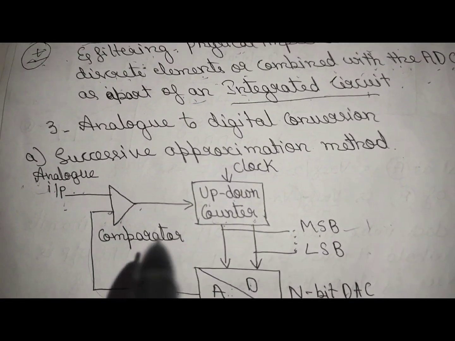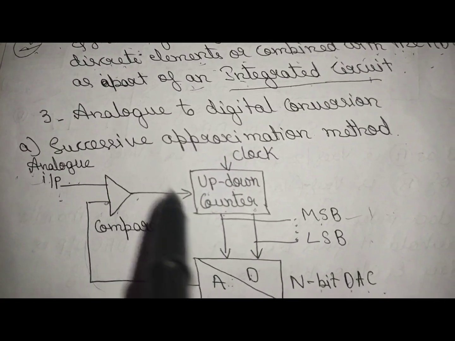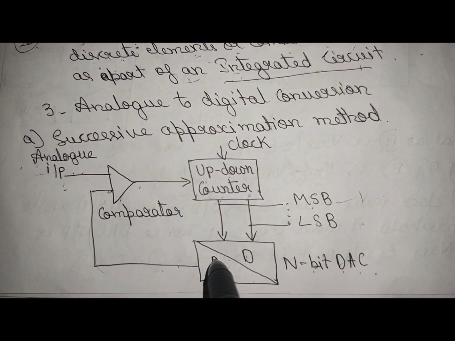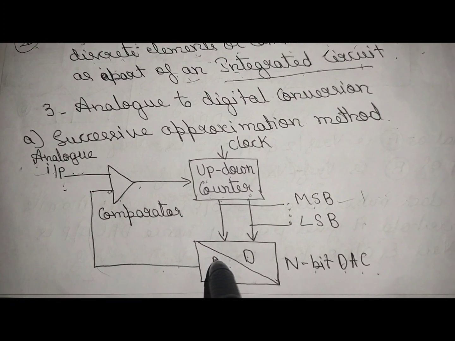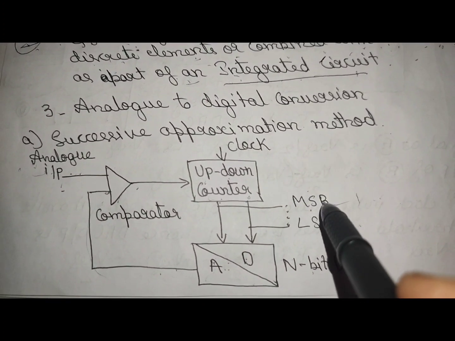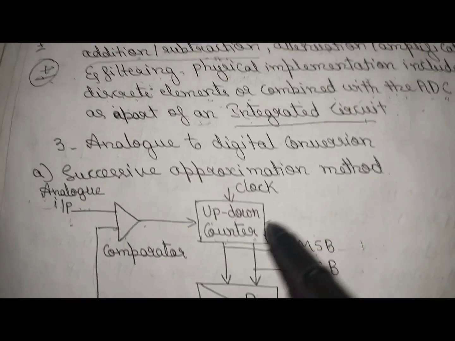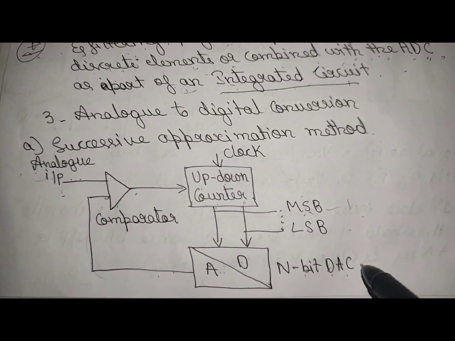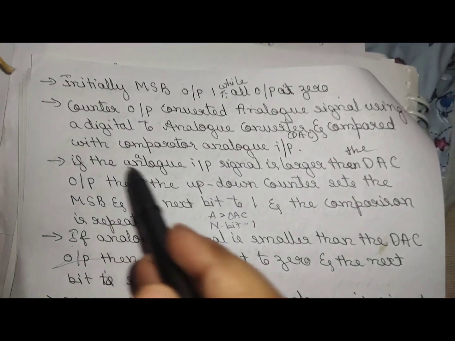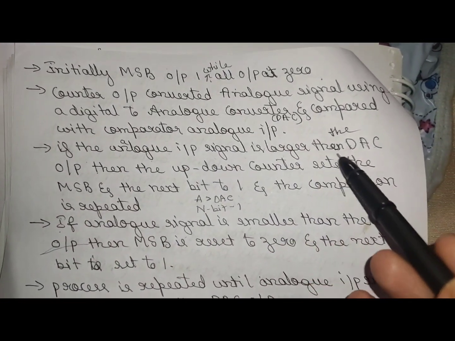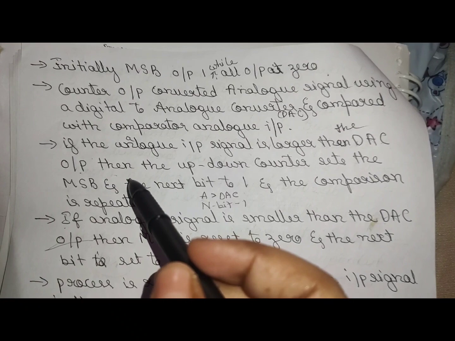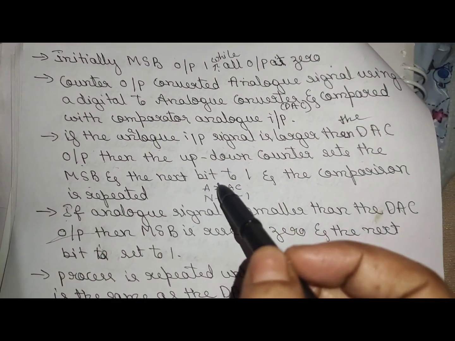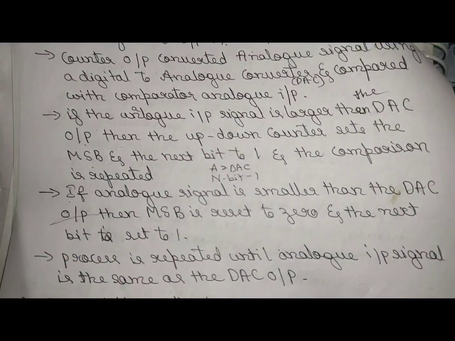For example, if this analog input is greater than this analog signal, then the MSB is set. The up down counter will set the MSB and the next bit to 1. So if the analog input signal is larger than the DAC output, the up down counter sets the MSB and the next bit to 1 and the comparison will be repeated.